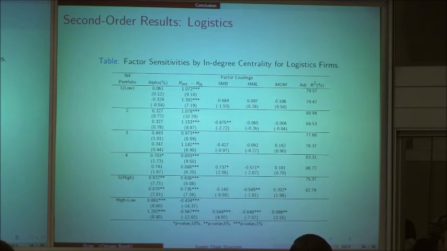So now, for firms that are in the logistics industry, being more central in the network, in other words, having more of these connections from those kinds of firms, at least by in-degree centrality, more of those connections actually increases returns, increases risk.